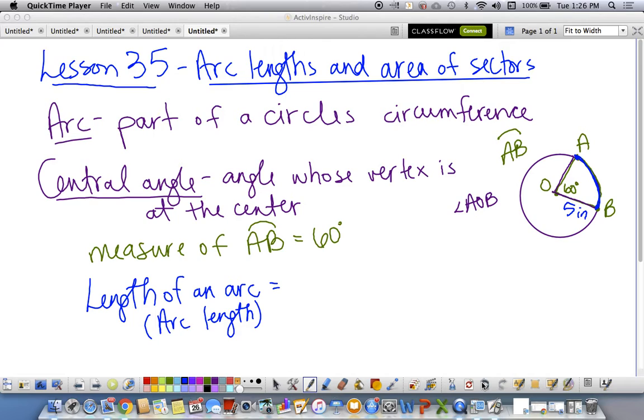What fraction do you have? 1/6. So do you have 60 divided by 360? Do you have an angle? 60 degrees divided by 360. Not the other way around. Those are two different answers. Okay, does that make sense?